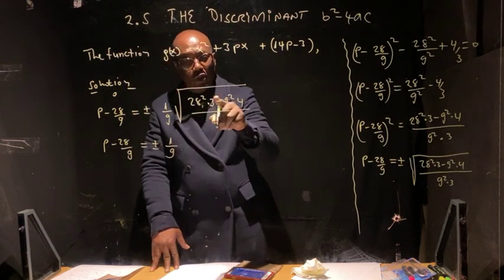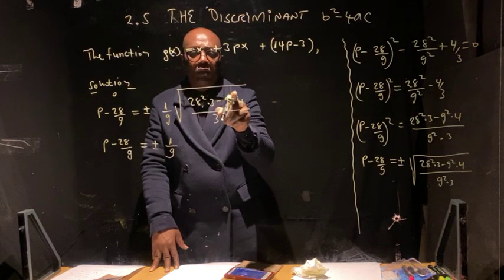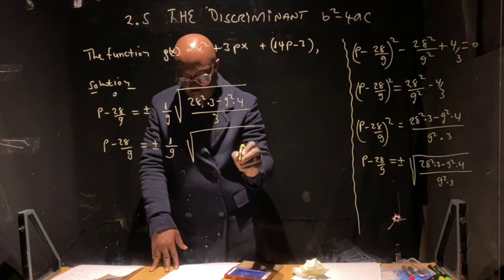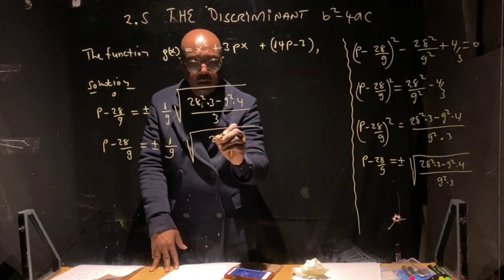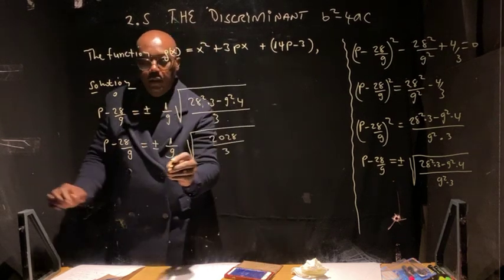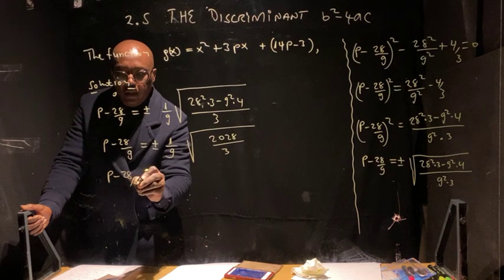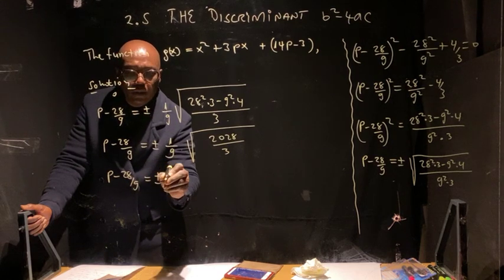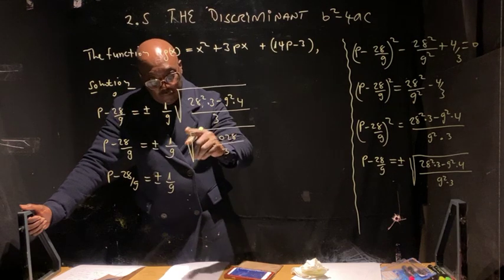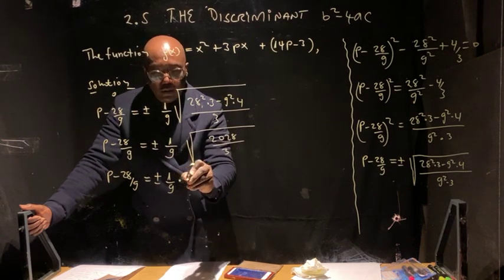If you use your calculator for this numerator, you have 2028 over 3, which is not different from P minus 28 over 9 equal plus or minus 1 over 9. If you use your calculator for the whole expression, you have 26.